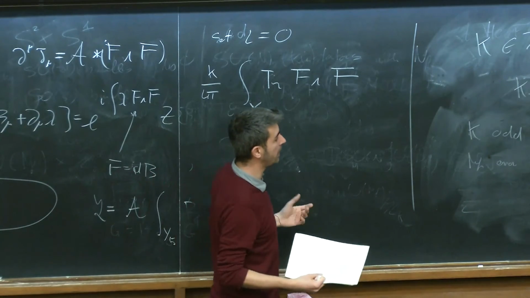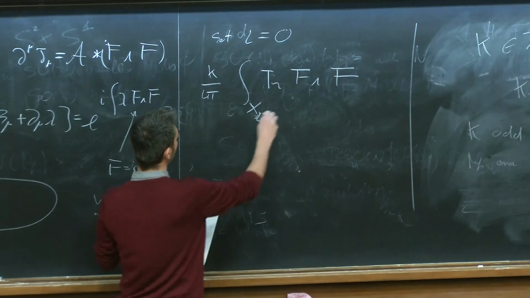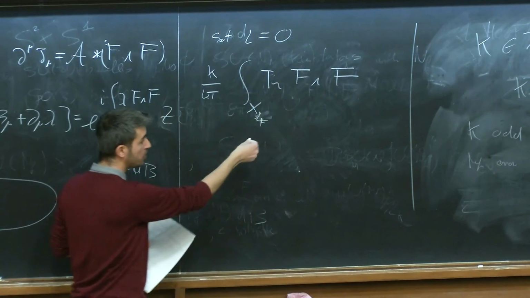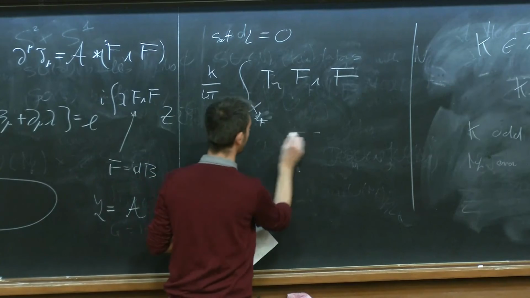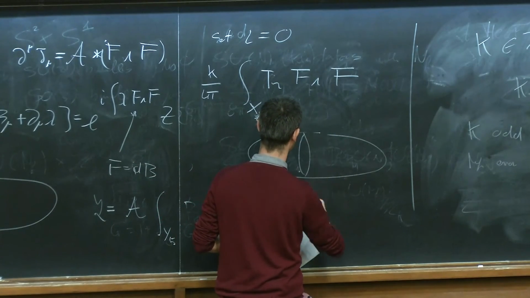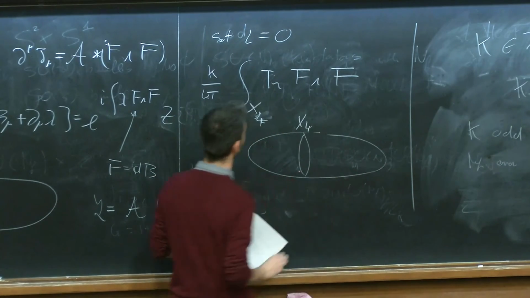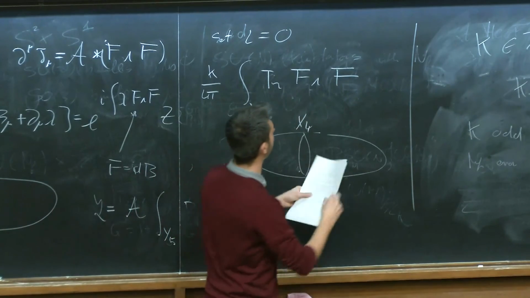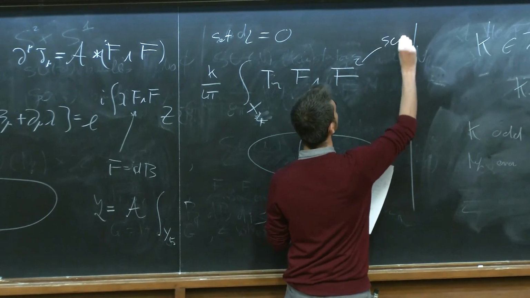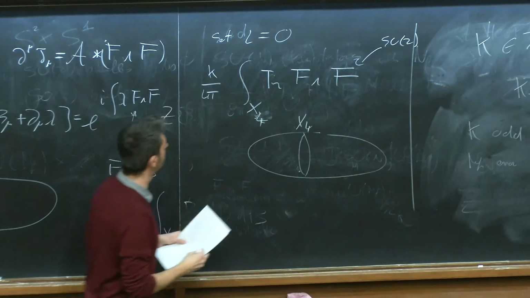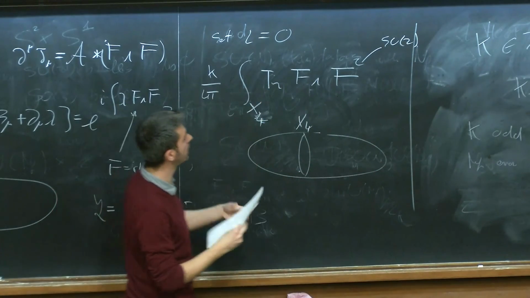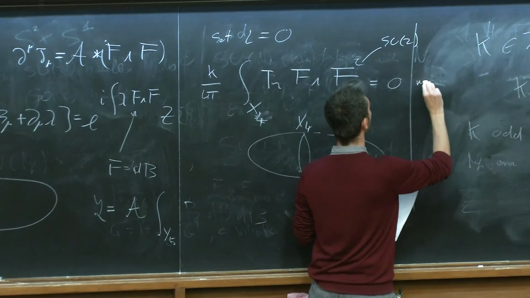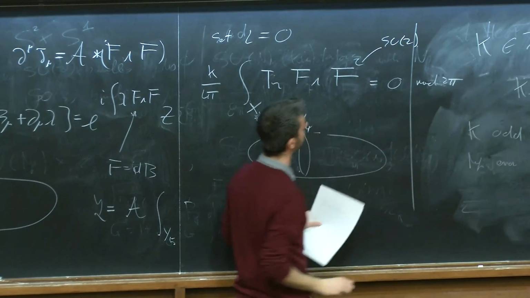And now we want to quantify the anomaly. So to quantify the anomaly, we ask, okay, what is the evaluation of this object on closed four-manifolds? And as we said before, if this F is in SU(2), then this is an integer, well, it's a multiple of 2 pi, so we can say that this is 0 mod 2 pi.